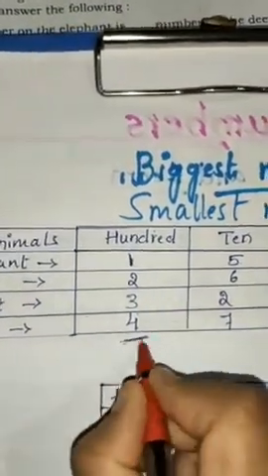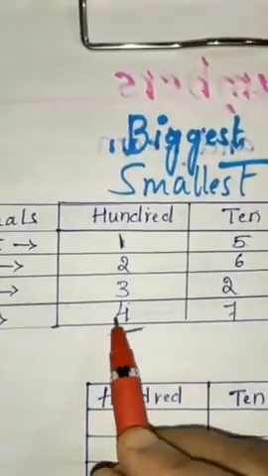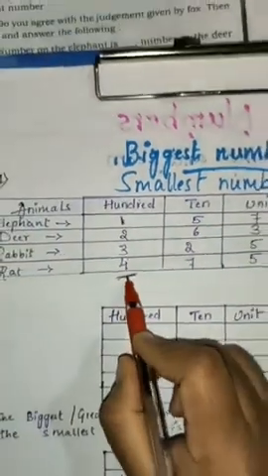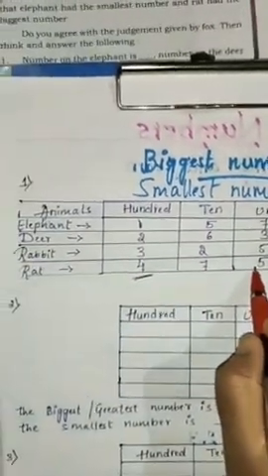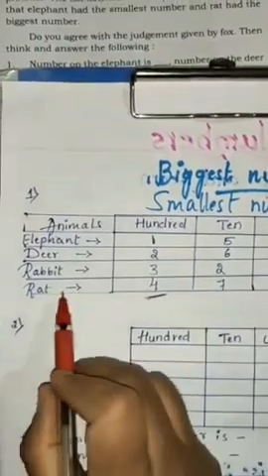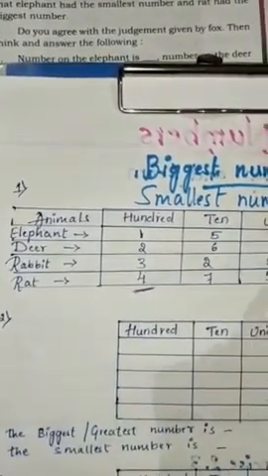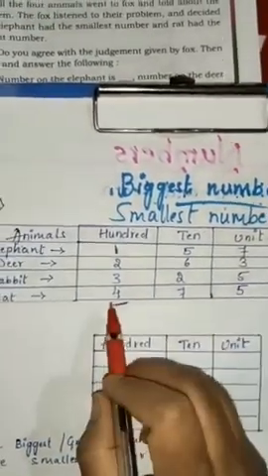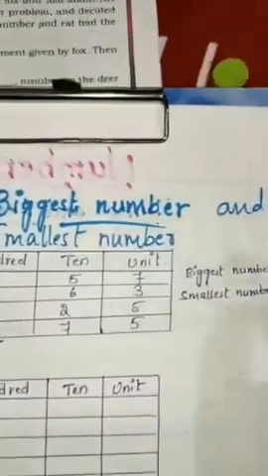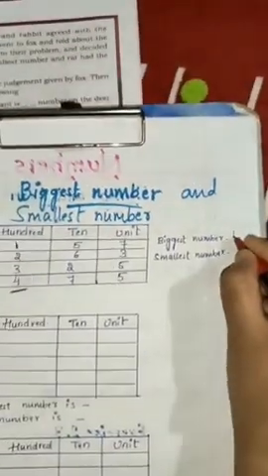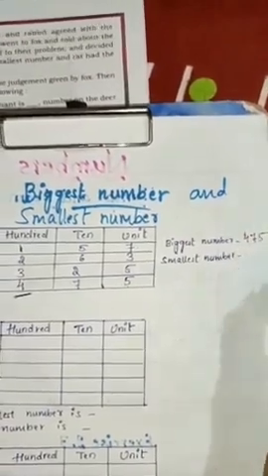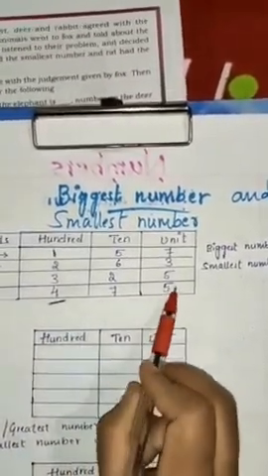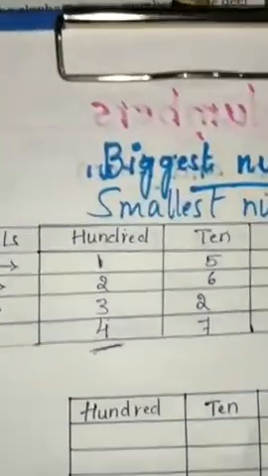So 4 is the biggest digit, means the number 475 is the biggest number. So the rat is having the biggest number. What is that biggest number? It is 475. So let us write here 475. Right?